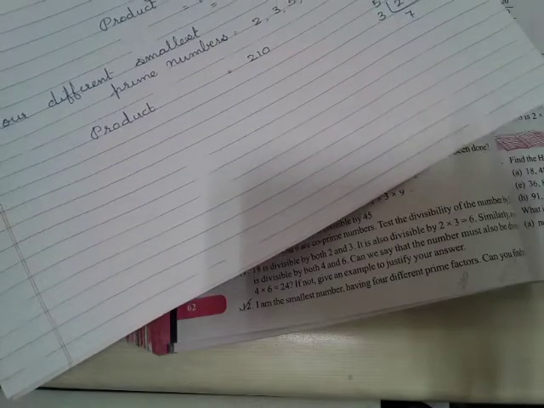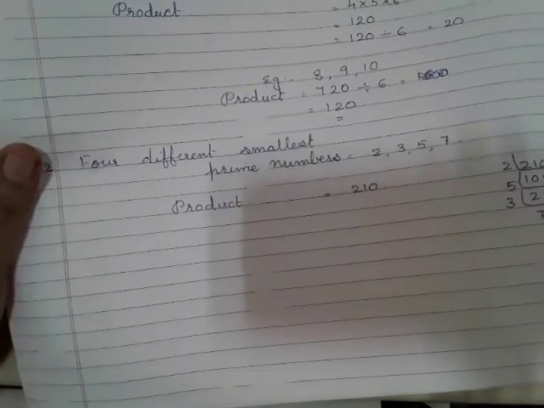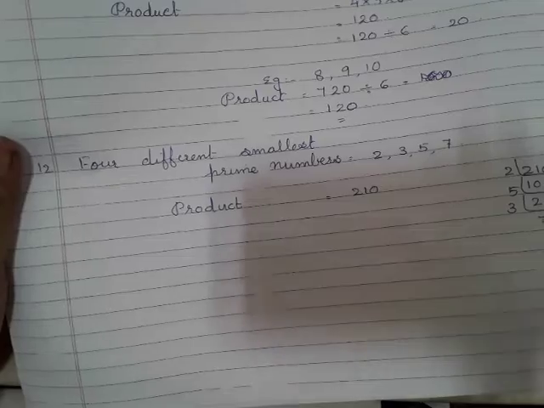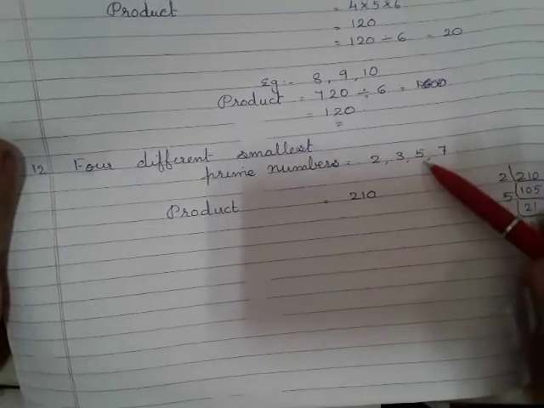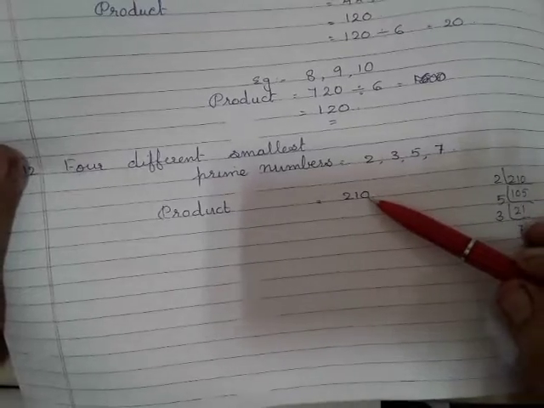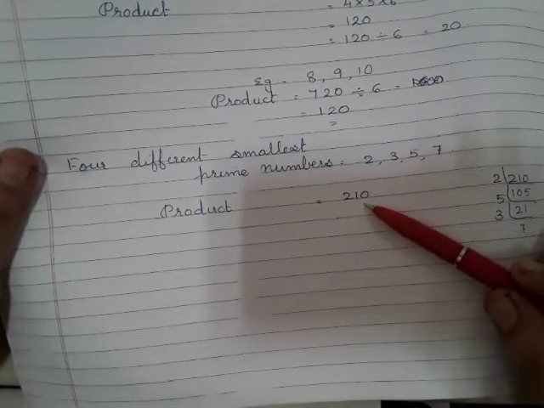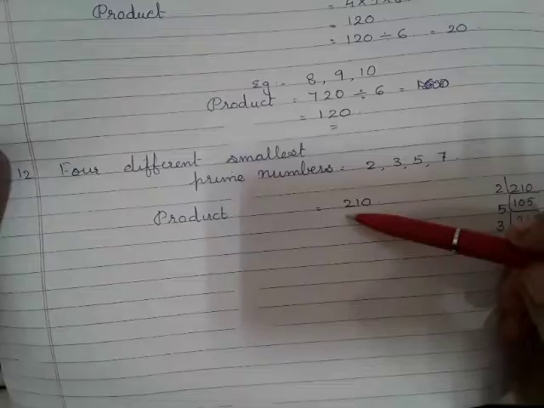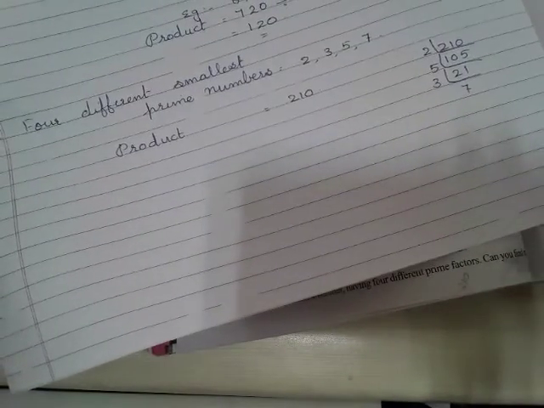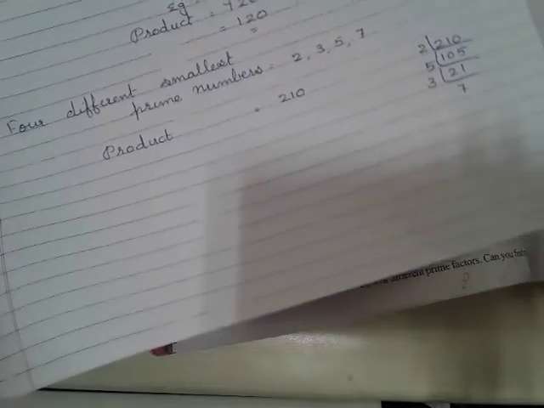So, which are the prime numbers starting from 2, 3, 5, 7? If you take these 4 different prime numbers, what is the product of that? 2 3s are 6, 6 5s are 30, 30 7s are 210. You got the product as 210. So, 210 is the smallest number having 4 different prime factors.